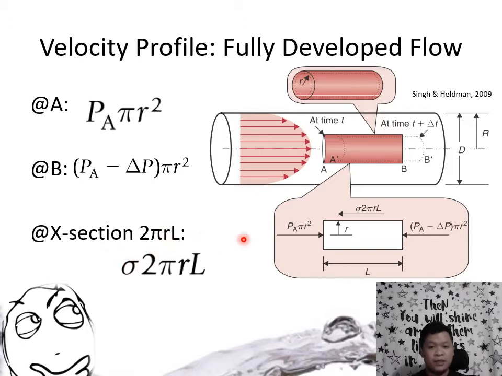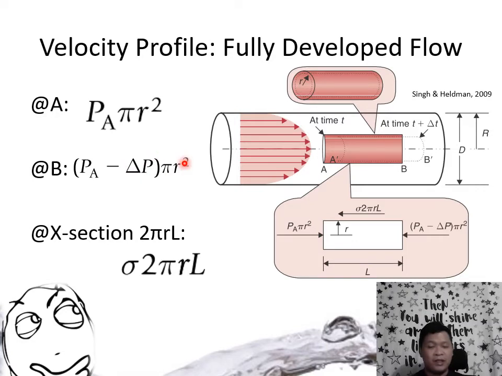Okay, since the viscous forces go against the direction of the flow, the more viscous your fluid is, the greater the inhibition.